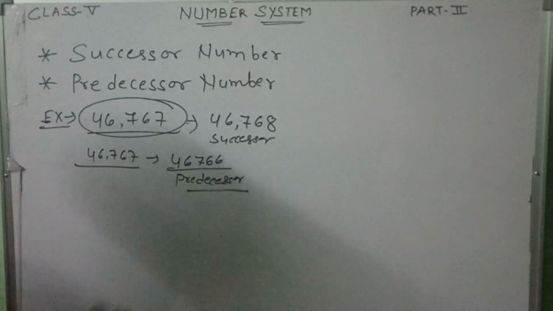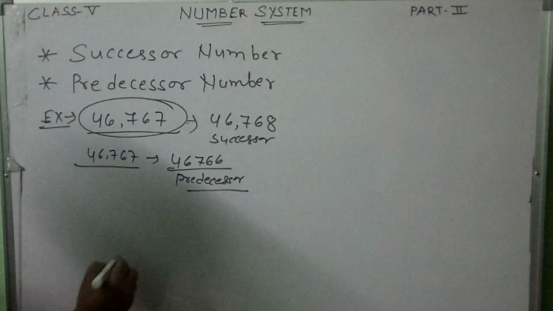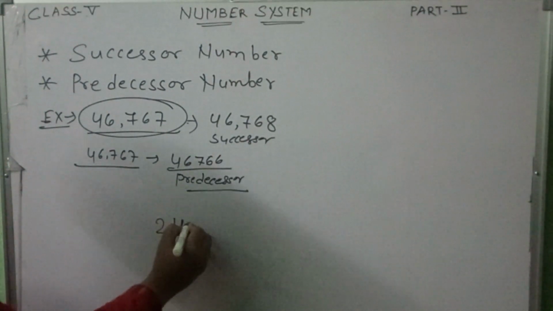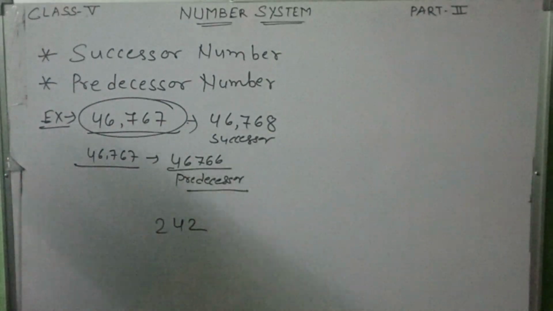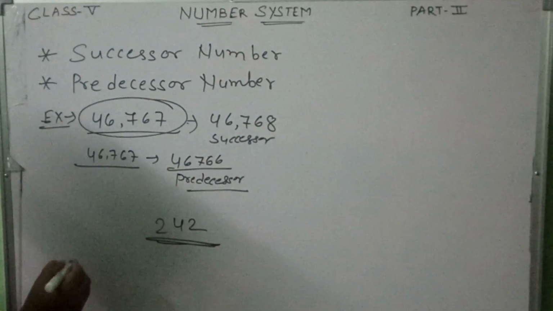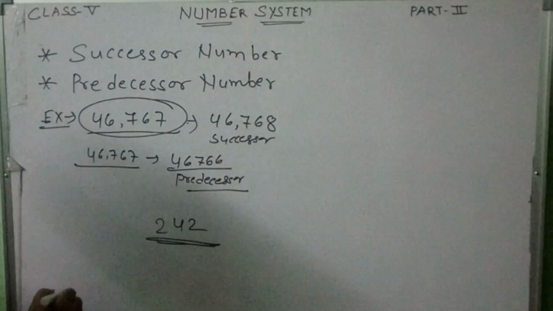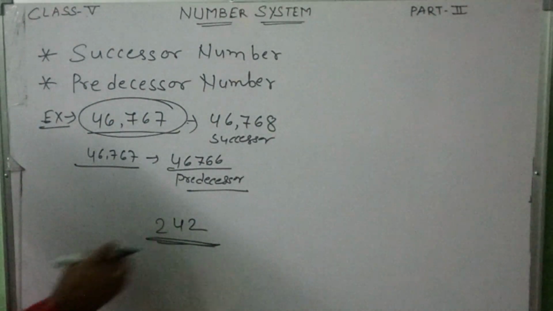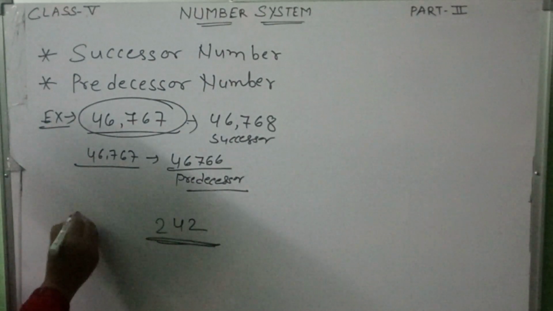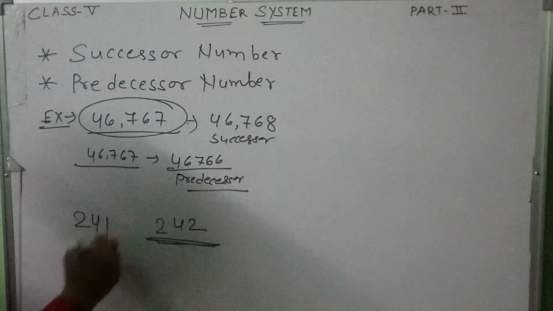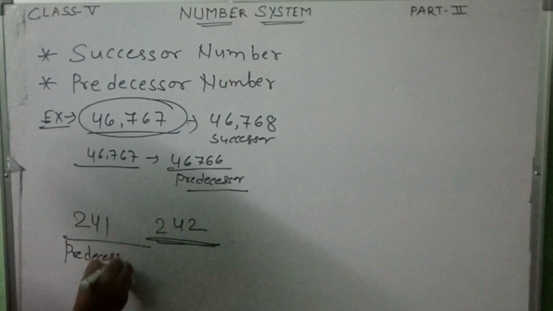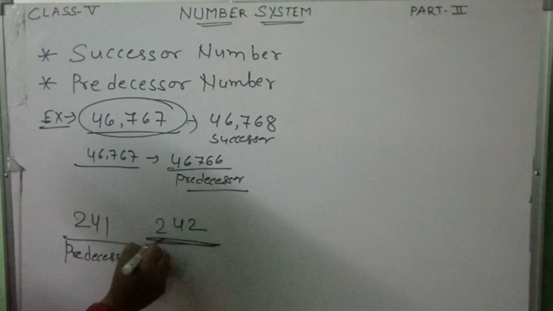Means one example I will write here. Suppose 242, small number I will take it for you. If 242 number is given and if I will say write the predecessor of the 242, so just before 242 what is the answer? 241, and 241 is the predecessor of given number.